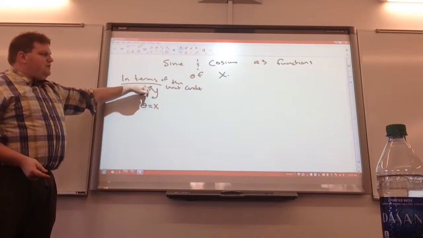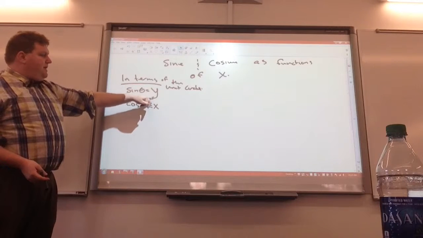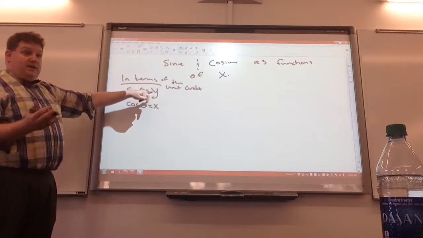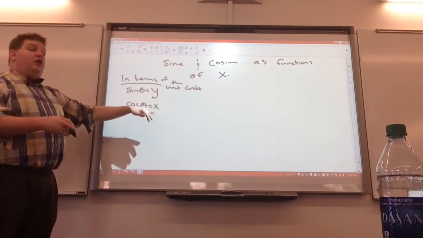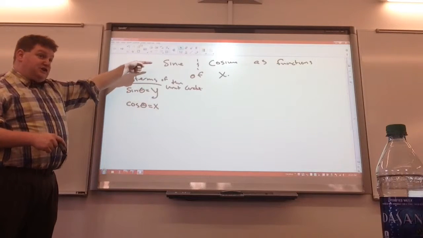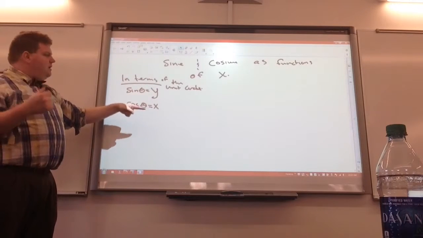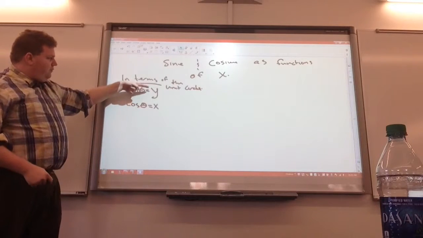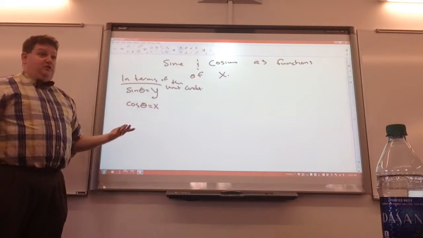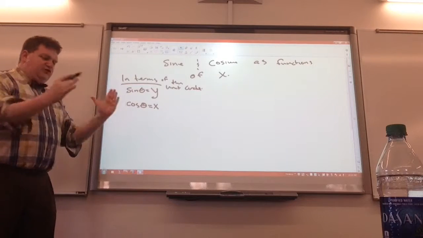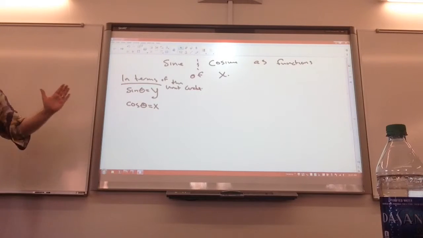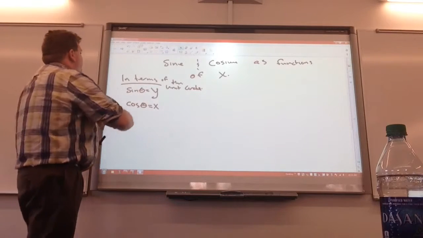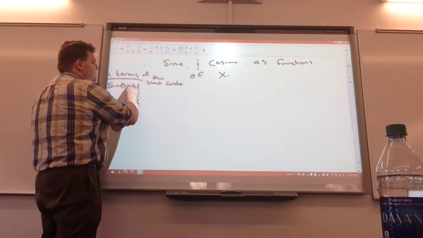And the output, the dependent variable, is going to be y or x, depending on what the unit circle tells us. So when we're graphing these as functions, the angle will be the x-axis, and the y-axis will be whatever y or x is from the unit circle. It's kind of like looking at two different graphs at the same time when you're getting used to this for the first time. It's something to keep track of.